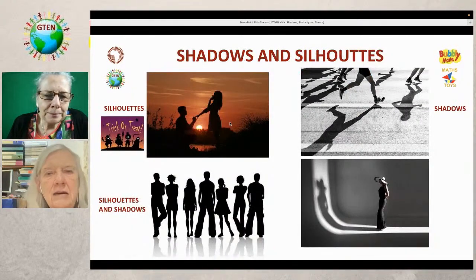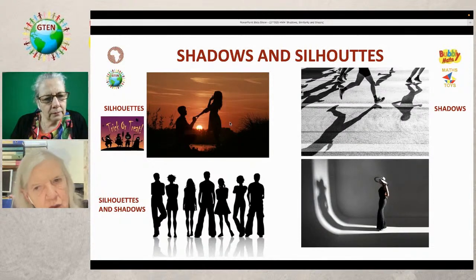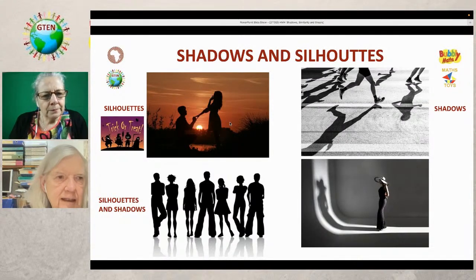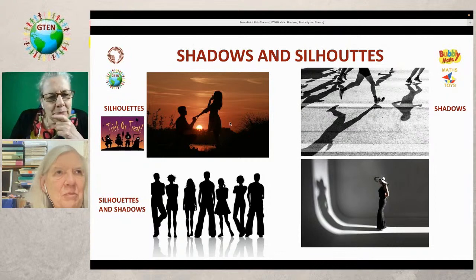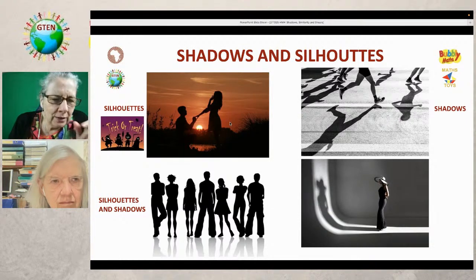Now then, we need to be clear about the difference between shadows and silhouettes. So, Caroline, what about this difference here? Right. So I can see three pictures, well, two pictures with very clear silhouettes.